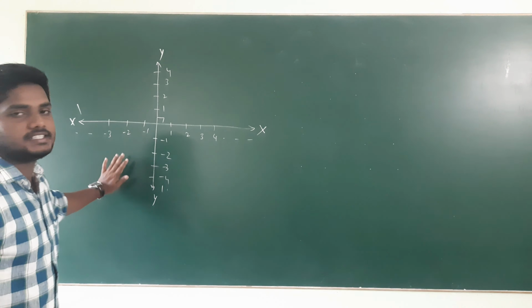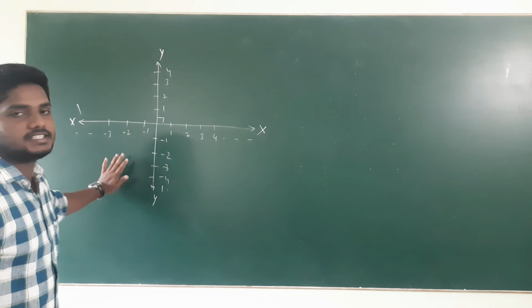Now another important point we need to remember is, for example, in a Cartesian plane or two-dimensional plane, x dash, y dash, this is 1, 2, 3, 4, 1, 2, 3. Now if I consider any line, for example this, what is this line?